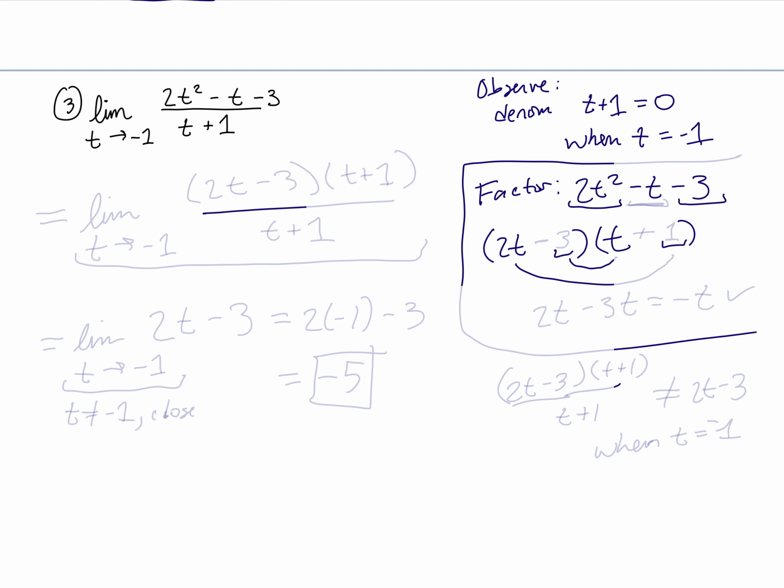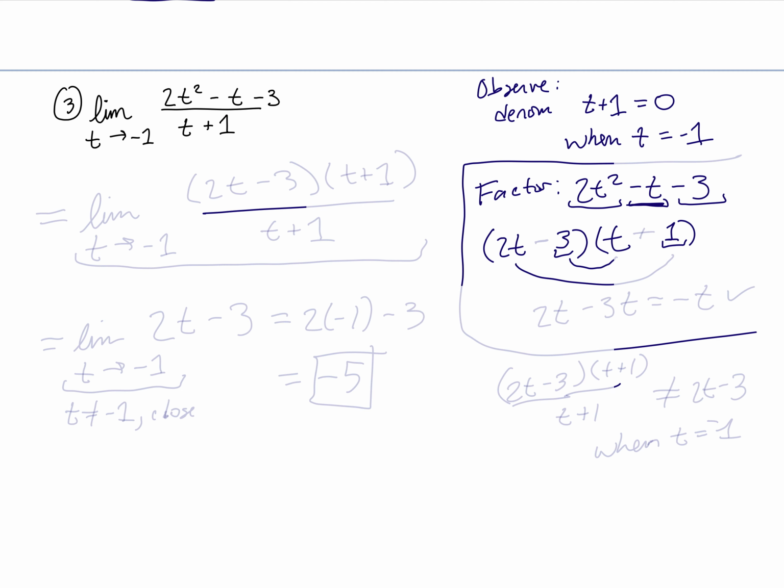So if we multiplied 2t by 3, that would give us 6t, which is going to be too large because we want just the difference of our terms to be negative t. So that tells me that I want my 2t to be multiplied by either a positive 1 or a negative 1, and therefore this term is going to be a 3. Now I want, again, these two terms to add together to give me a negative t.